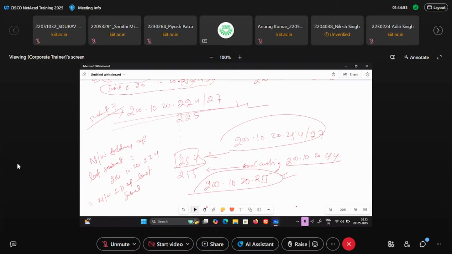Remember this. And if you ask last usable IP, then you have to say the one before the broadcast address, that is the usable IP for the host. But it doesn't mean that the last address is not coming under this network. This last IP, 200.10.20.255, is also a part of this network only.